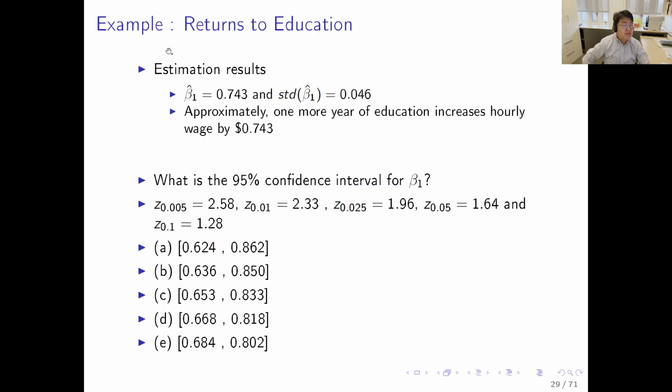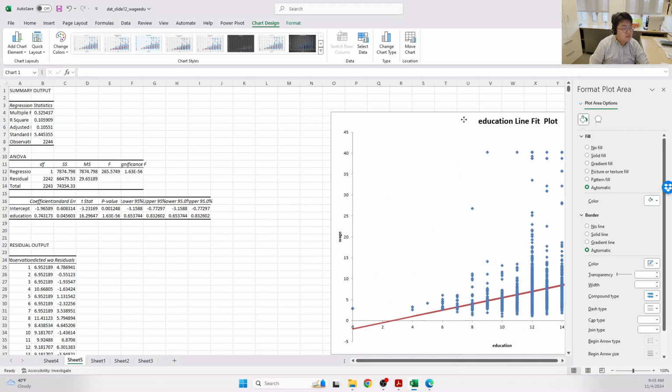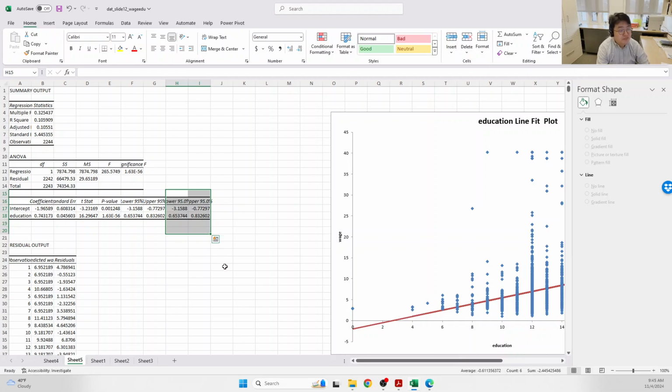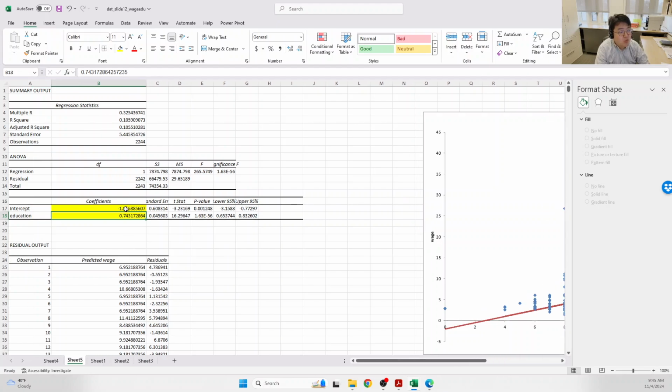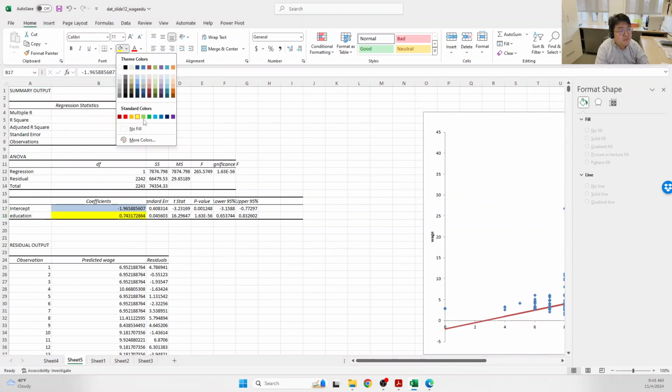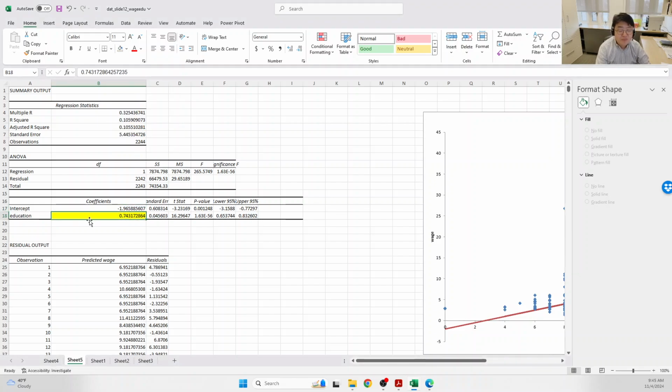So then, based on the data, back to the analysis, we are interested in these numbers first. Our estimate, especially this number, tells you that when you get 1 year of education, your hourly wage increases by $0.74.